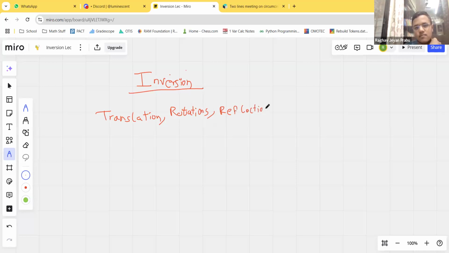These are all simple transformations. However, inversion is slightly different in the sense that all of these preserve the shape of the figure, whereas inversion does not do that.